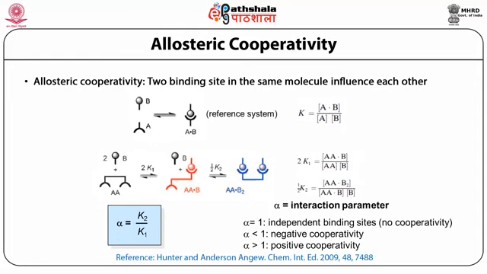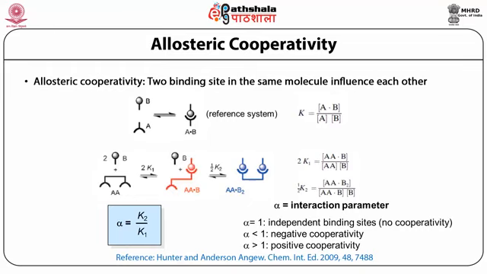The value of alpha tells whether the system is cooperative or not. If alpha equals 1, then the binding sites are independent. That means there is no cooperativity, just like the reference system. But if alpha is less than 1, that means negative cooperativity. That means the association constant in the first step is so high that the intermediate is stable. The red complex is more stable than the blue complex. So here you can say this is like an inhibitor.